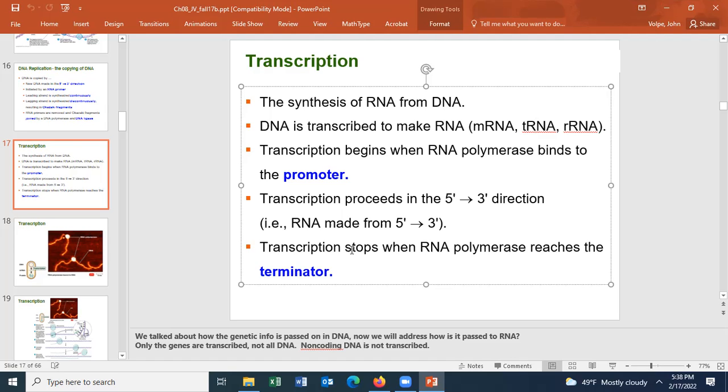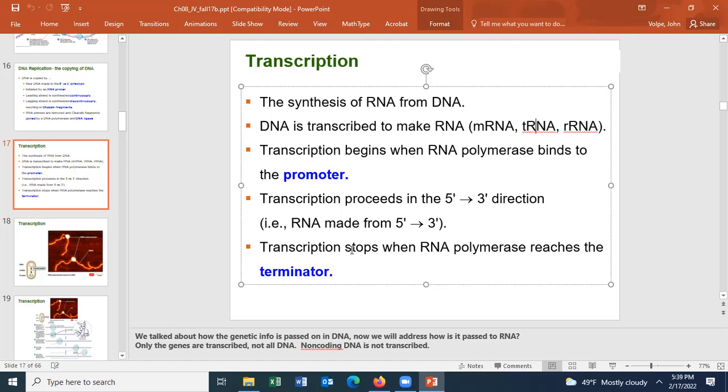Only the genes are transcribed into RNA. So not all of the DNA is transcribed into RNA. Only the genes are. Non-coding DNA is not transcribed. And in eukaryotes, most of the DNA is non-coding DNA.